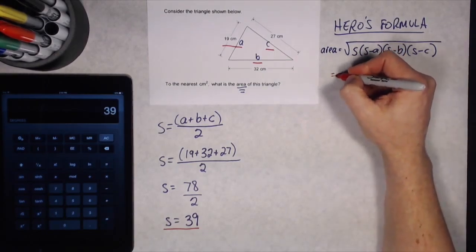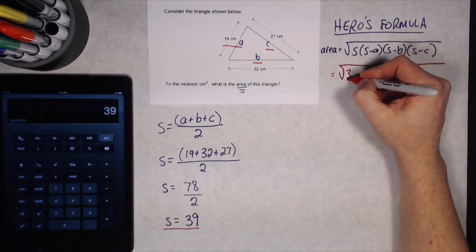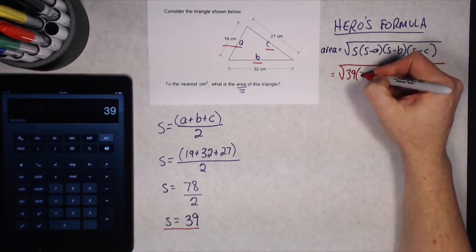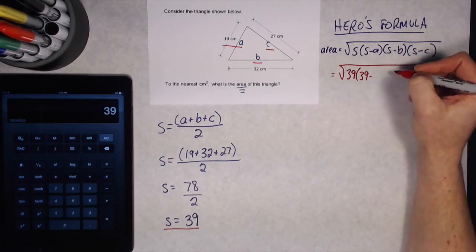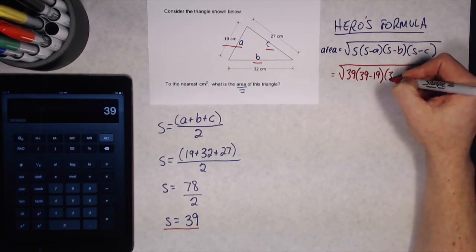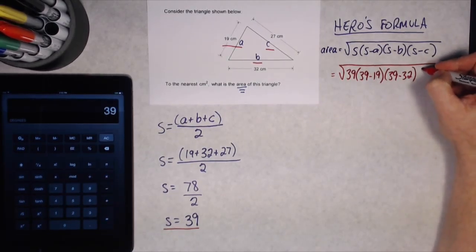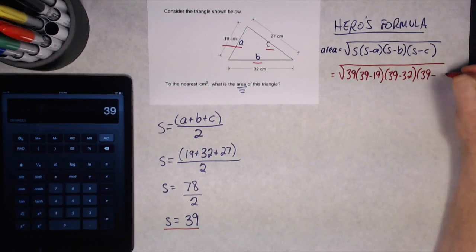So over here, S is 39, and everywhere I see S, I fill in 39. Minus A, 19, 39 minus B, which is 32, and 39 minus C, which is 27.